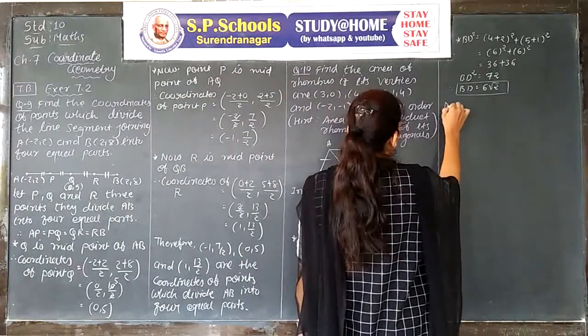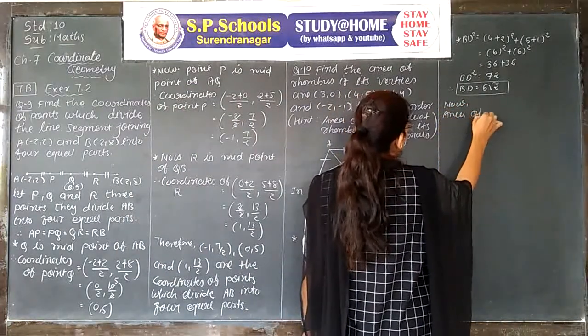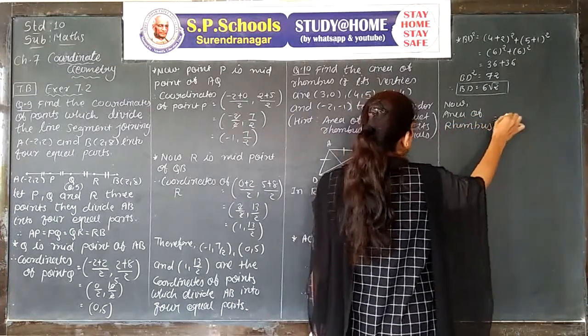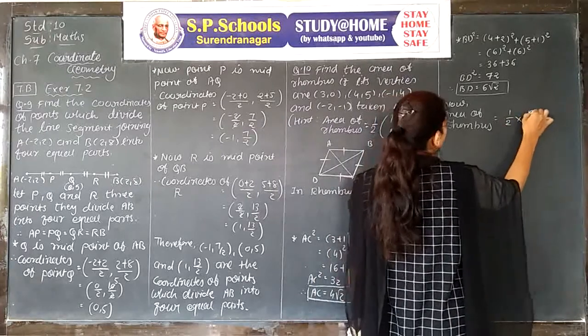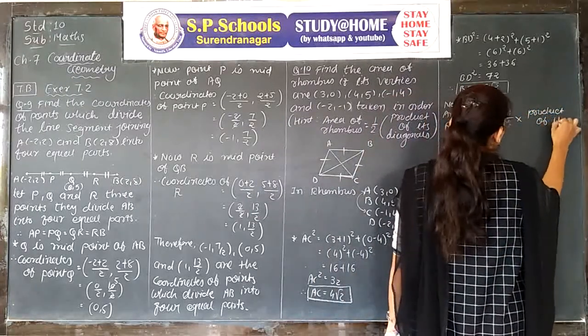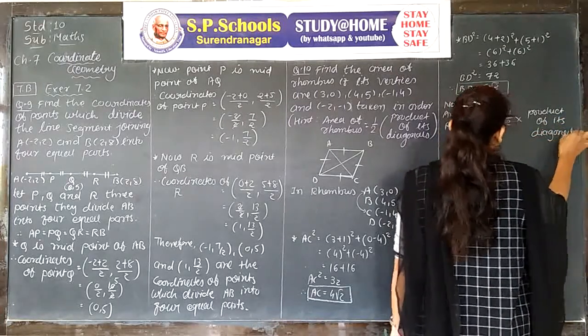Now we apply the formula to find the area of the rhombus. Area of rhombus is equal to 1 upon 2 product of its diagonals.